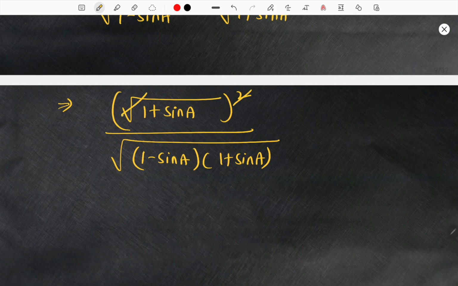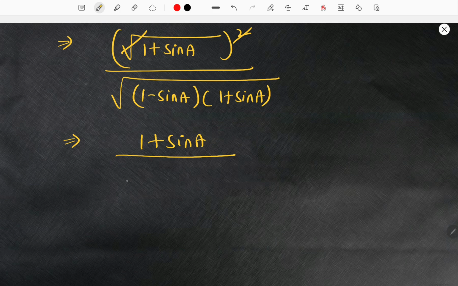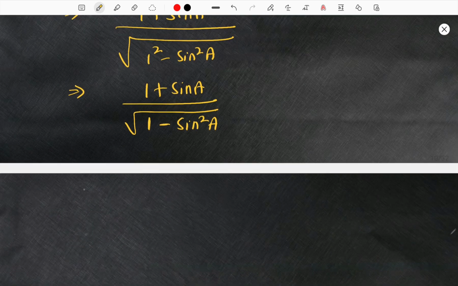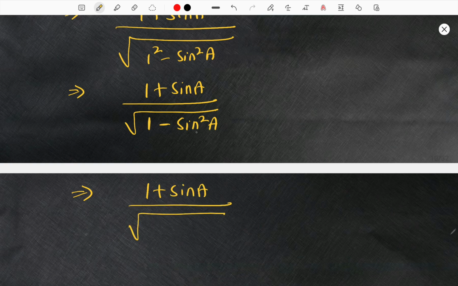Alright, so here square and square root get cancelled. What remains there? 1 plus sine A remains. Then divided by what remains here? Under root, (A minus B) into (A plus B) is A square minus B square. Alright, so afterwards we'll have (1 plus sine A) divided by under root 1 square, which is 1, minus sine square A. Okay, so now it becomes (1 plus sine A) divided by under root (1 minus sine square A), which means what?